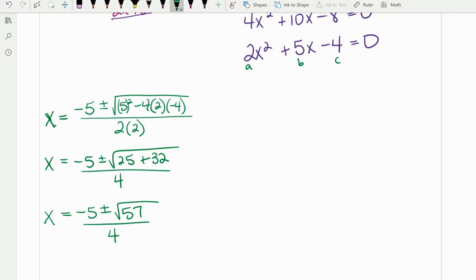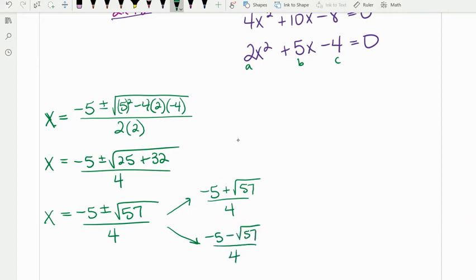But like I said, on a quadratic story problem like this, it makes more sense to give an approximate answer. And also, if we get a negative answer, then that doesn't make sense. Remember, you've got two possibilities: negative 5 plus radical 57 all over 4, or negative 5 minus radical 57 all over 4.